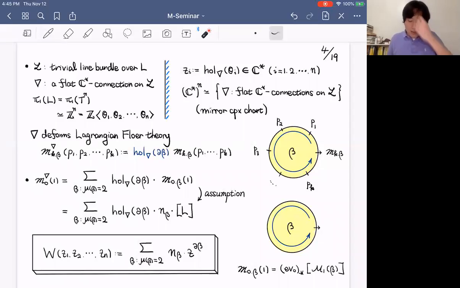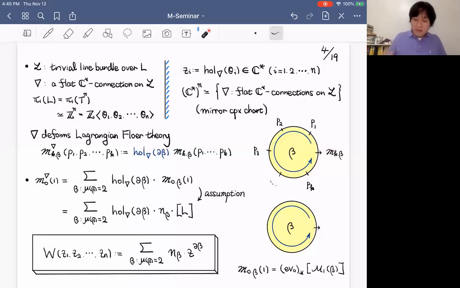Notice that m0 beta comes from the evaluation map in this way. We have no input, so it only has one marked point, and then we have a moduli space, and the marked point generates cycles or chains in the Lagrangian. So this agrees with the evaluation pushforward of the moduli space for m0 beta.